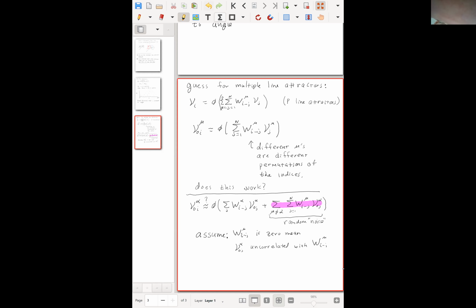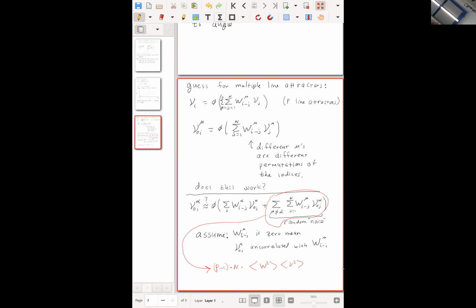So what that means is the size of this sum is P minus 1 times n times the average value of W squared times the average value of nu squared.